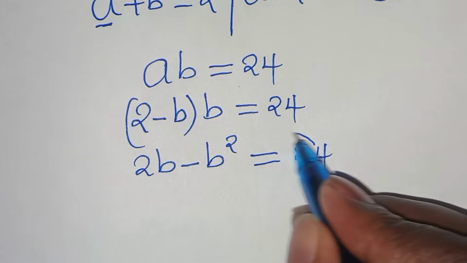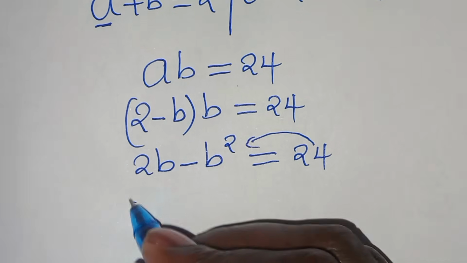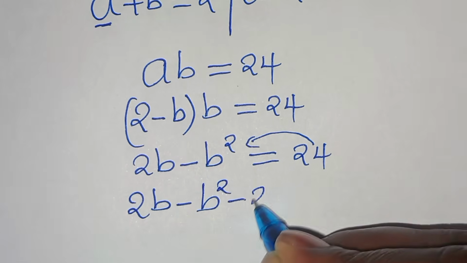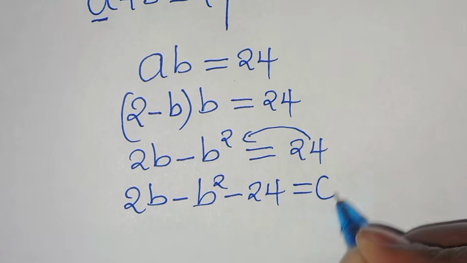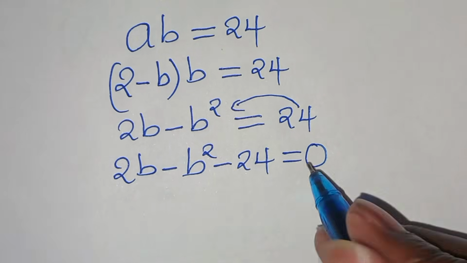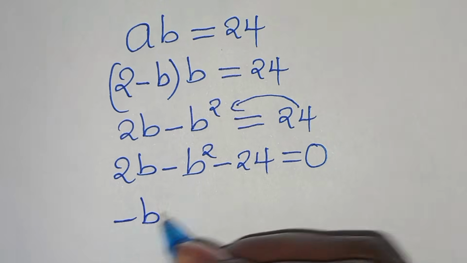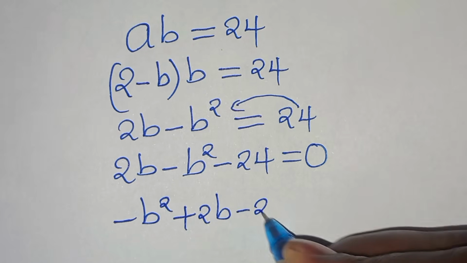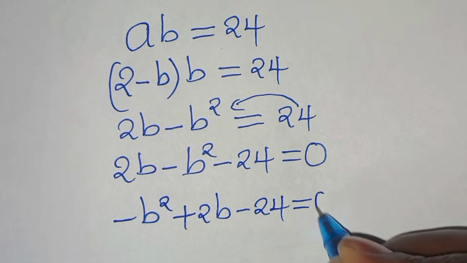Let's take 24 on the left hand side so that we have 2b minus b to the power of 2 minus 24. This is equal to 0. Let's rearrange this equation. We have minus b to the power of 2 plus 2b subtract 24. This is equal to 0.